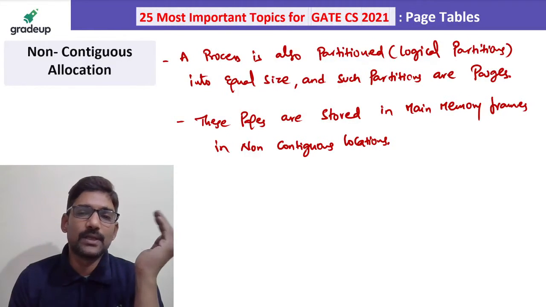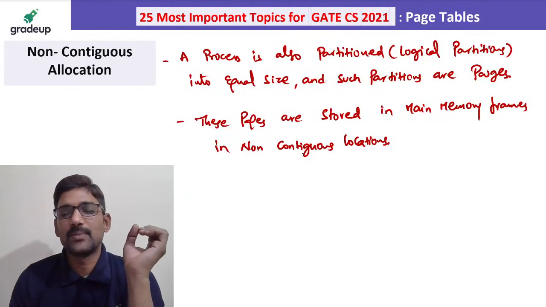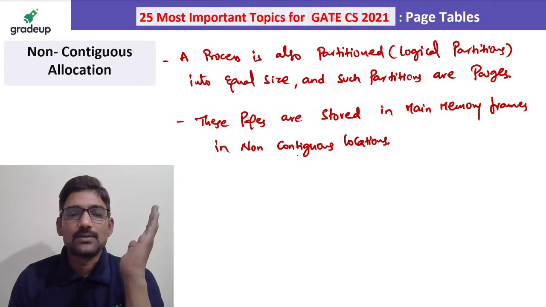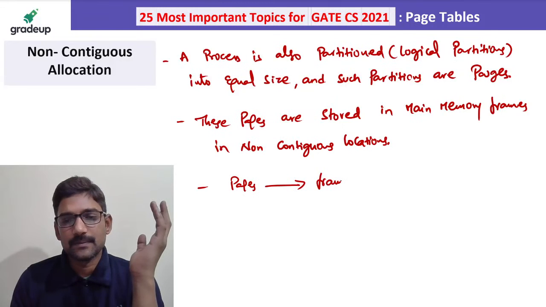So we are storing the process partitions, which are pages, into main memory partitions. So this is what we say pages to frames mapping.